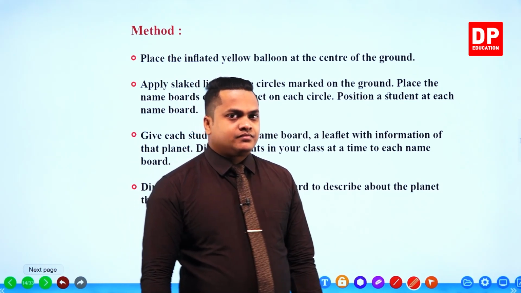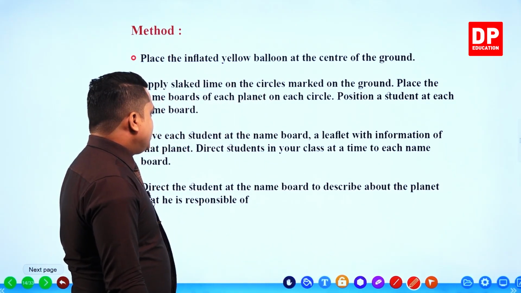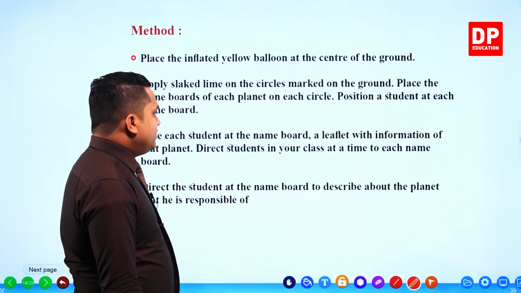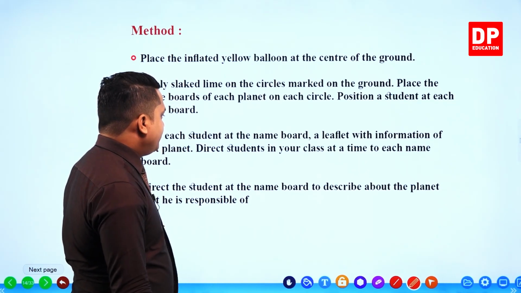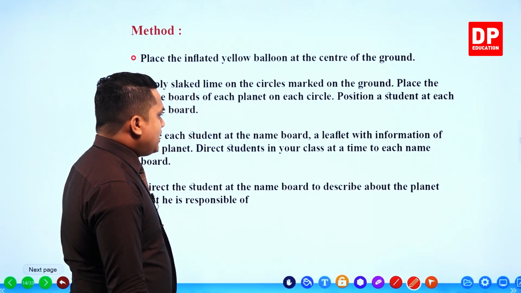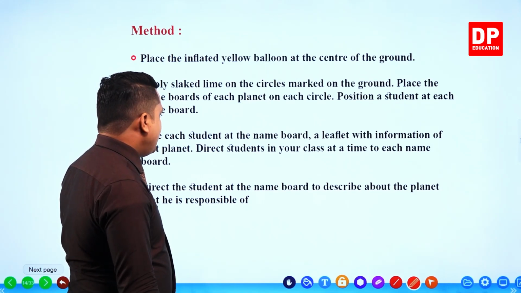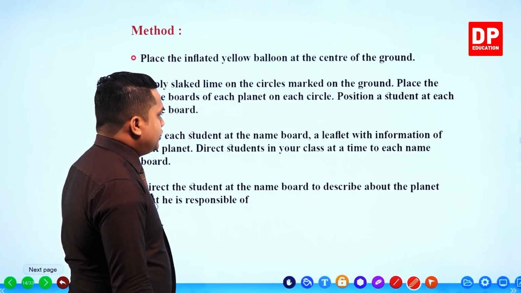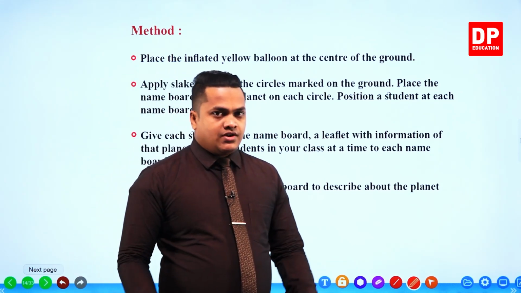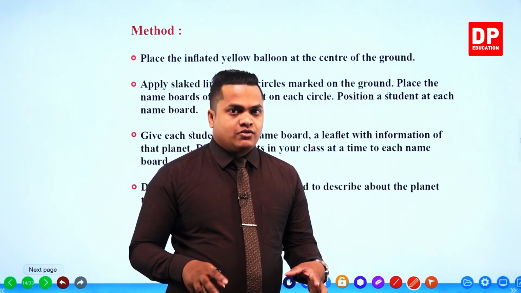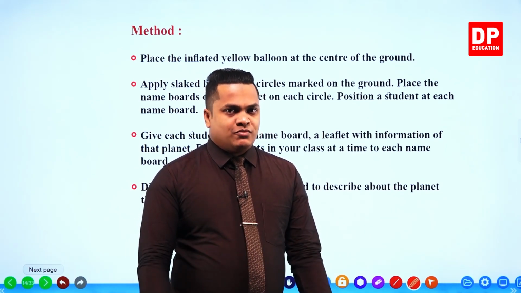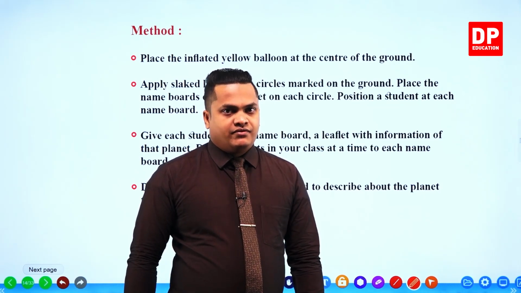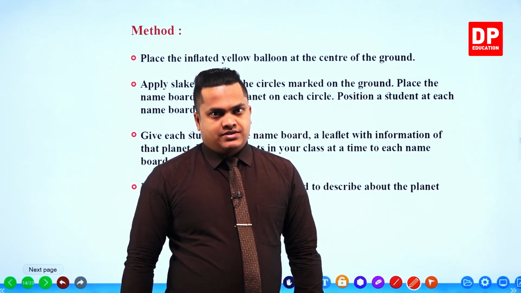Then give each student at a name board a leaflet with information on that planet. Direct the students in your class, a few at a time, to each name board. Now you have to give out that information about the planet. We discussed that information earlier. So just give a small leaflet regarding the information on that particular planet which each student is going to represent.